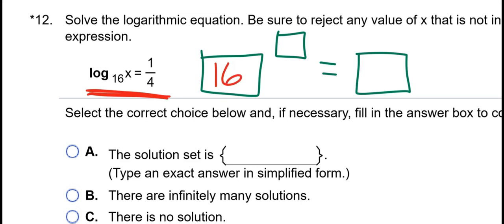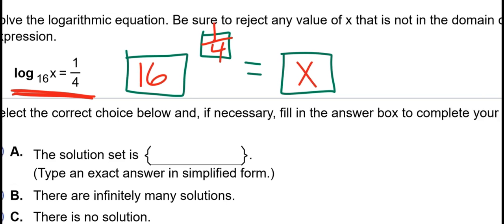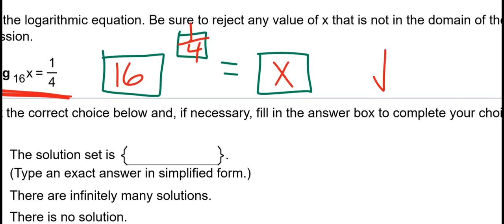That's that little subscript. What about my exponent? 1/4. That leaves one thing left to fill in there. 16 to the 1/4. You probably should all know what that is. You would probably know it better as what kind of root of 16? The 4th root, right? And what is that? 2, that's right.